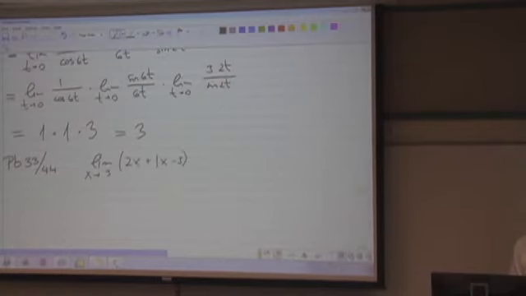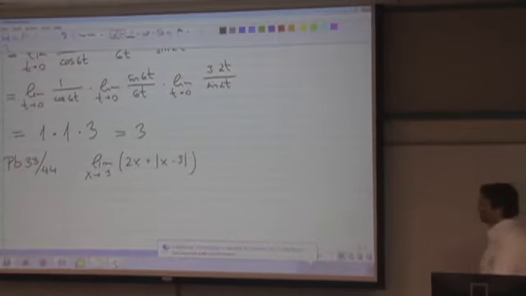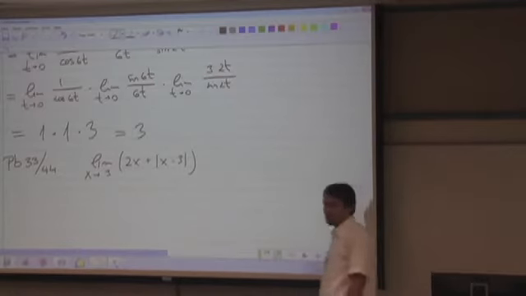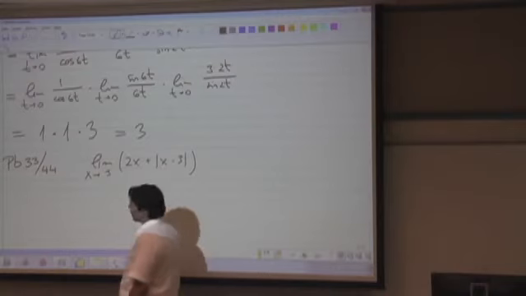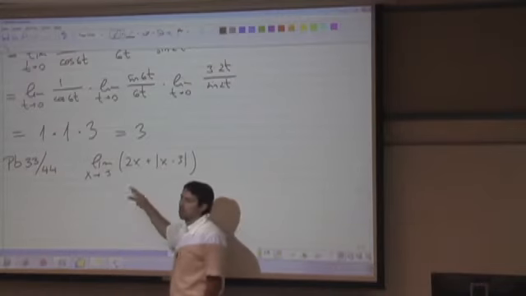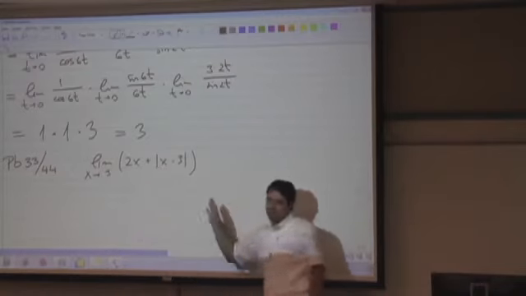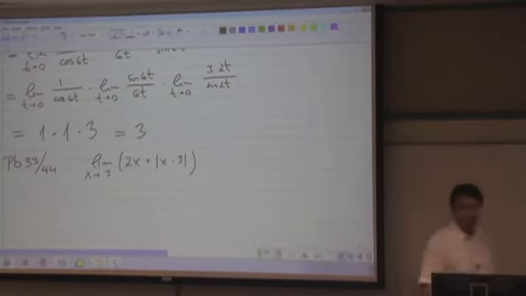So let's look at problem 33. It also deals with absolute values. The key idea is, for this particular problem, putting 3 in for x is not going to change anything. But as far as absolute value problems are concerned, we're going to look at it from two different perspectives.